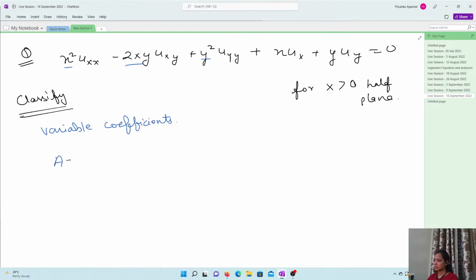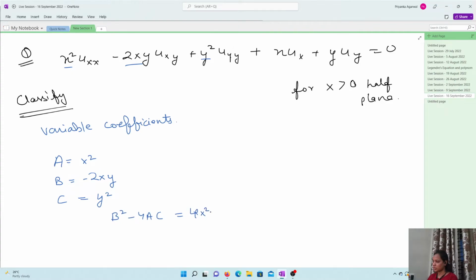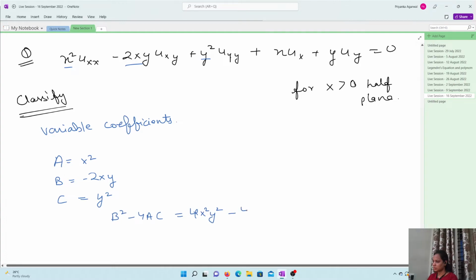So A can be written as x square, B is minus 2xy, and C can be written as y square. Now if you do b square minus 4ac, what we get is 4x square y square minus 4x square y square, which is 0. So this equation is of the parabolic form.